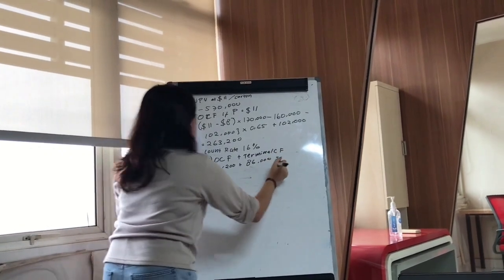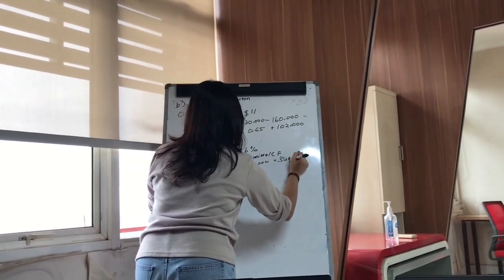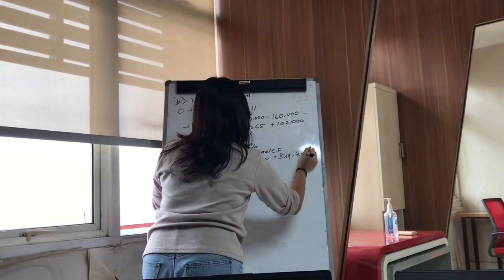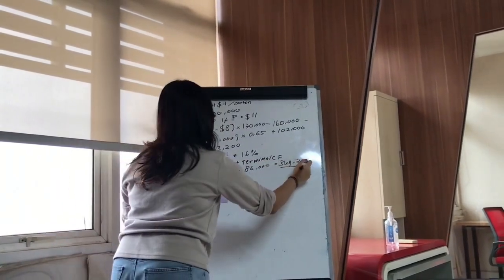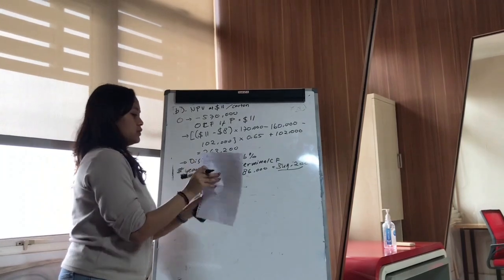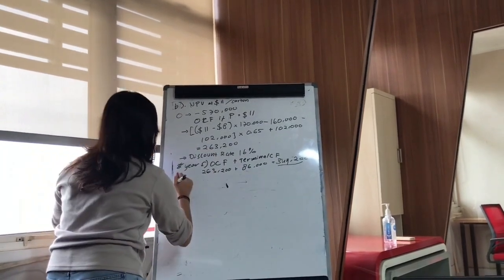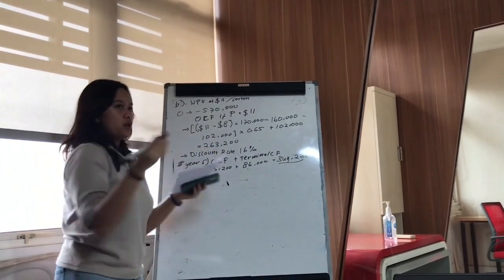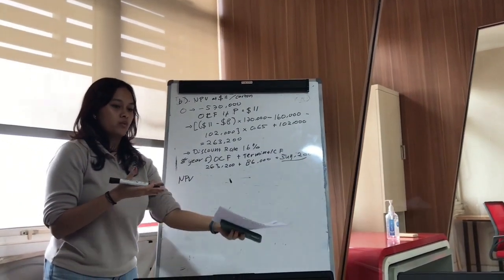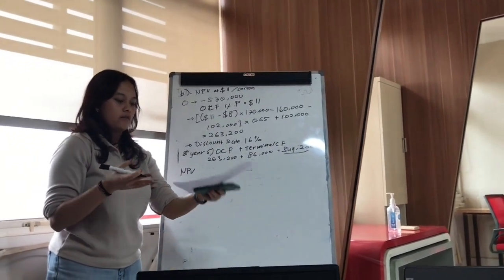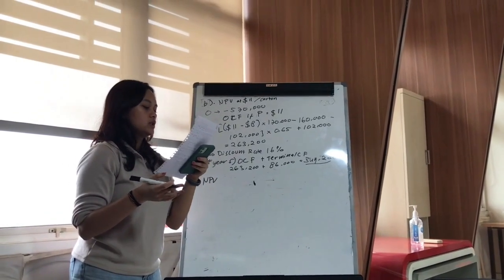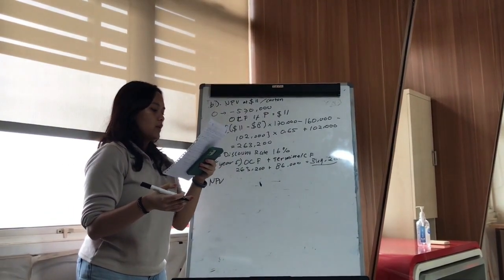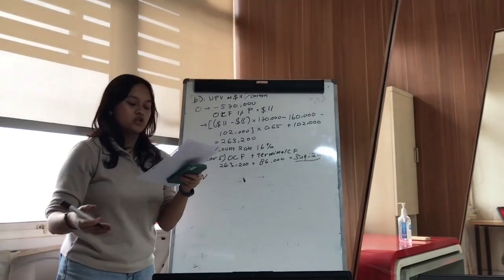With this, we get 349,200. This is for year 5. And next, moving on to the NPV shown on this sheet, we calculate it and then we will have 332,623.